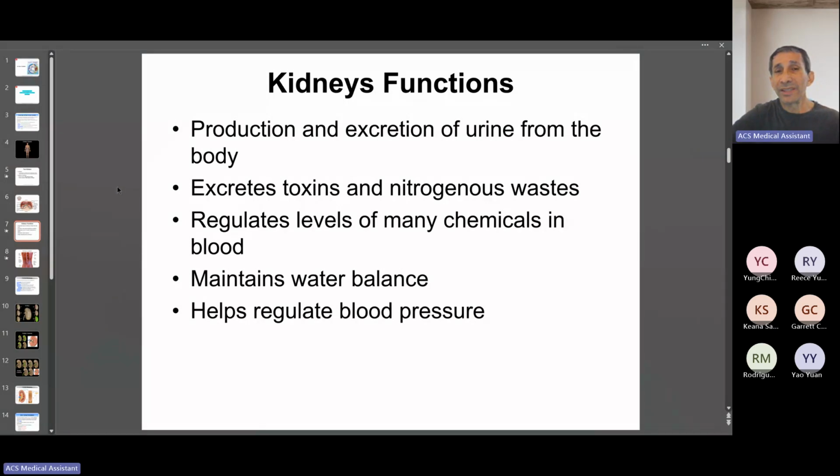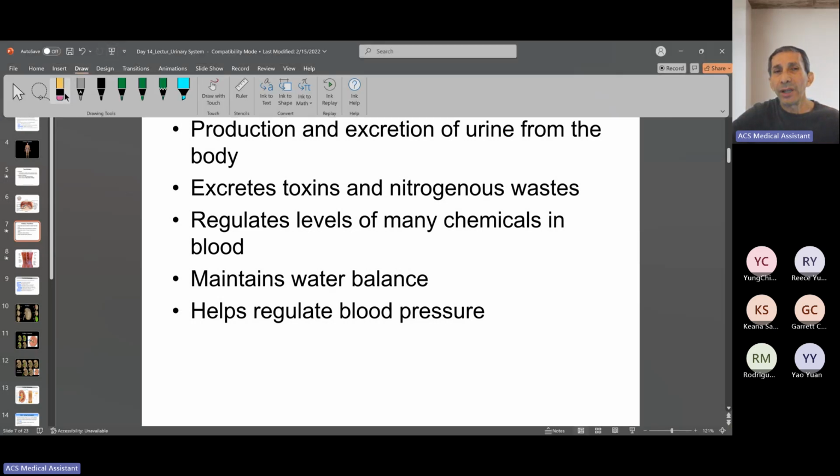So by removing all this excess of fluids, we are going to maintain water balance. Remember that even water can cause intoxication in our body if you drink too much water, if you drink more than you consume. That's what I'm trying to tell you all the time.